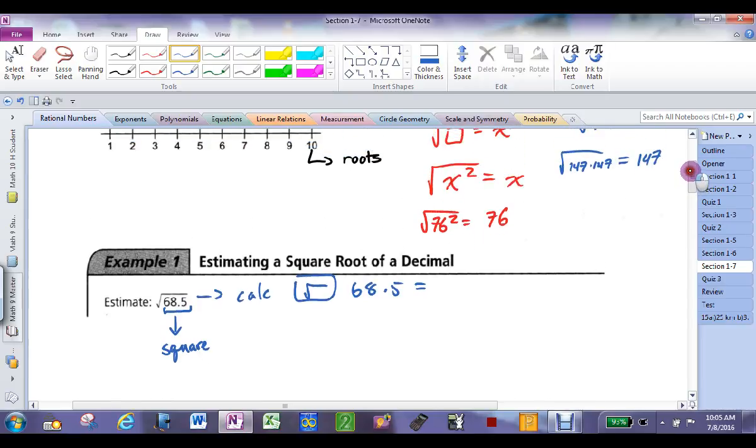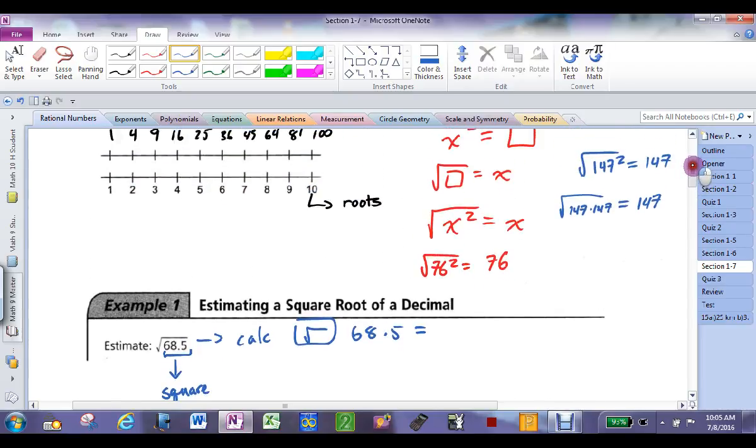So I'm going to slide up a little so our list is visible. Where does 68.5 fit in on our list of squares? Between 8 and 9. Those are the roots. Oh, between 64 and 81. There's 64, 81. Those are the squares, yes?